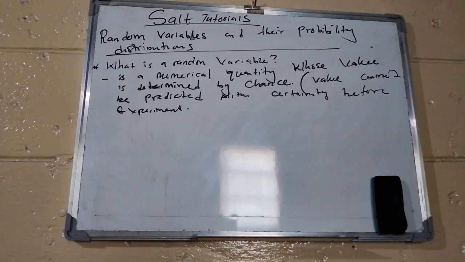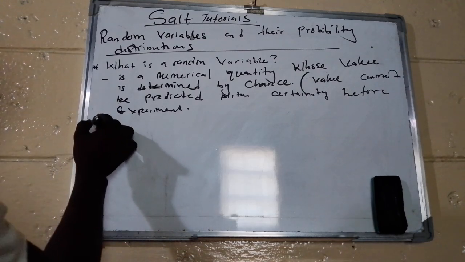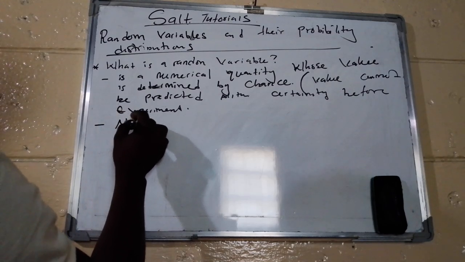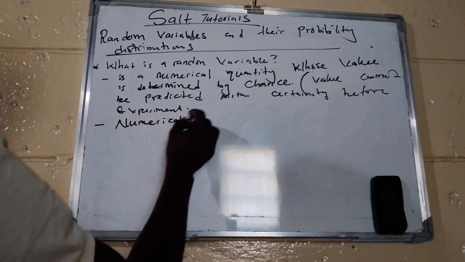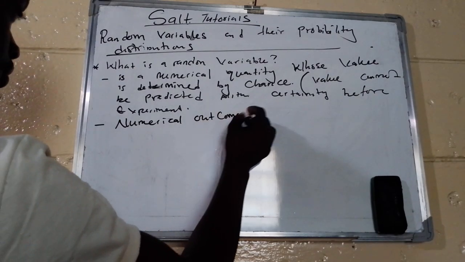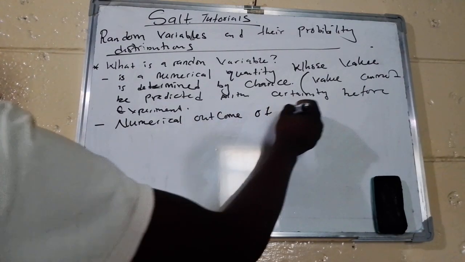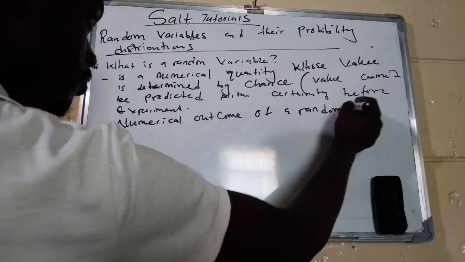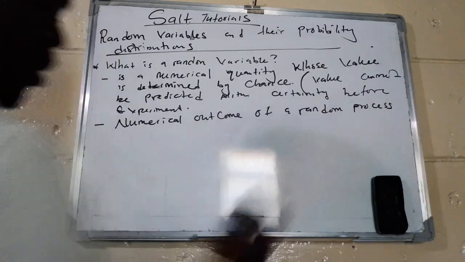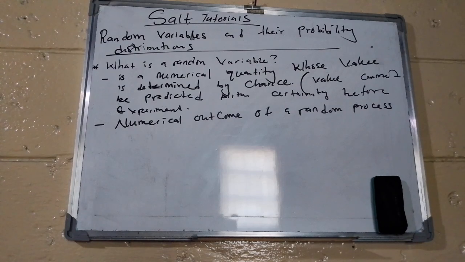We're trying to assign some numerical quantities to this random variable. If I talk about a random variable, I'm talking about a numerical outcome of a random process. Another definition is basically a numerical outcome of a random process. That's basically a random variable.